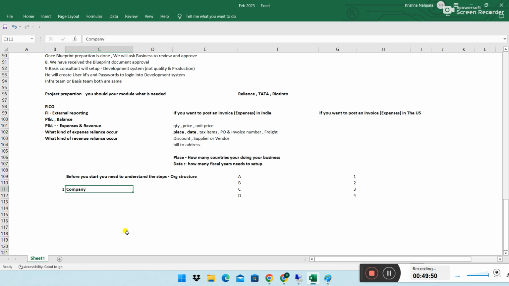Next, obviously you ask what your company is and where it is situated, the location you need, right? The basic information, maybe you can take it as the address of a company. Next thing you ask is what kind of business you do. Company you know, and what kind of business you do.